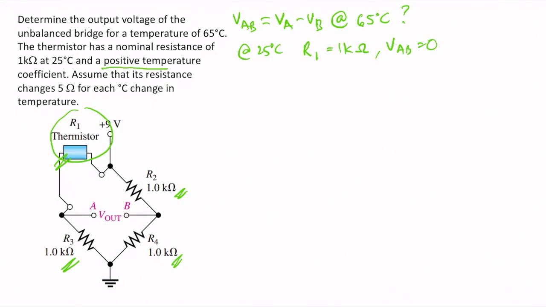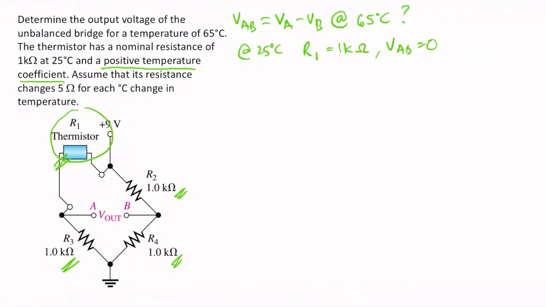A positive temperature coefficient means that the thermistor resistance changes positively with increasing temperature. And another type of thermistor is a negative temperature coefficient thermistor, wherein there's a negative change in resistance as the temperature increases.